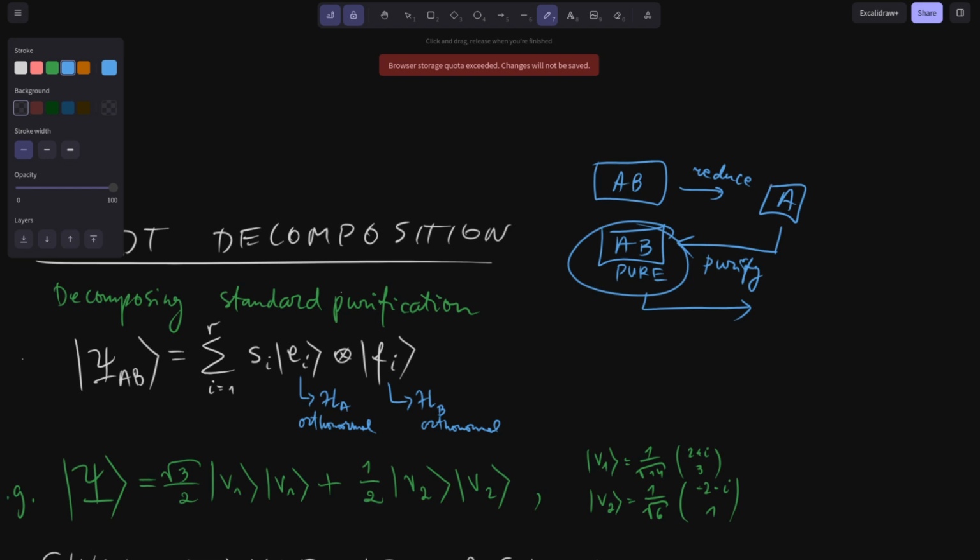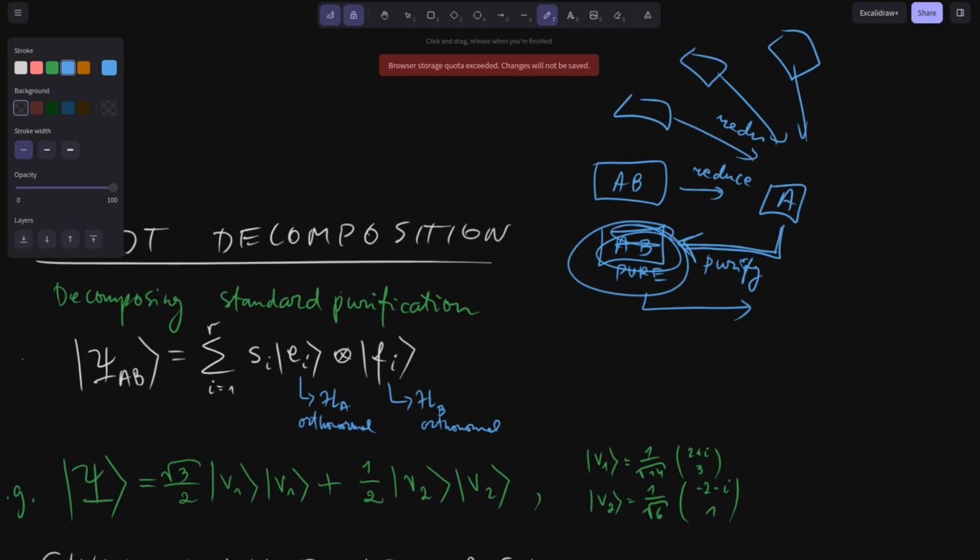So we can reduce multiple things to this thing, and only one of them is pure. So we can get back to the pure state which we could reduce. So we have purification, standard purification, only one standard purification, and infinitely many purifications in general.